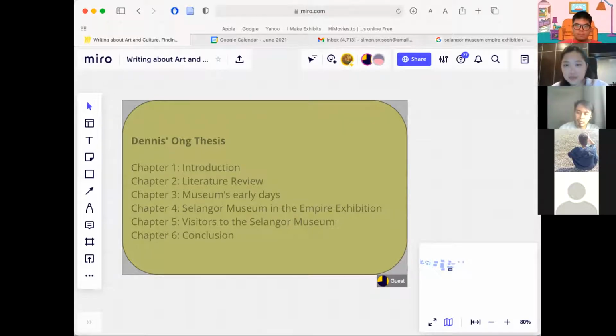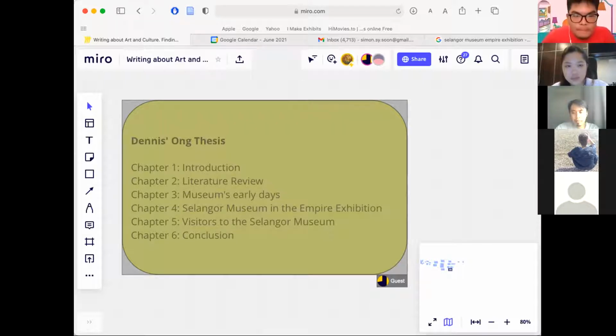Maybe that's an important aspect of it, but I guess you just need to shift the perspective a bit, so that it becomes clear that the main thing you want to figure out is this Selangor Museum.